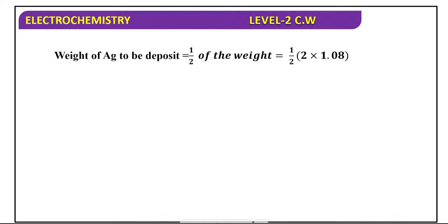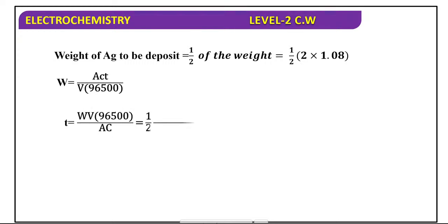Weight is current into time into equivalent weight, atomic weight over valency. Time comes out to be 160.83. Okay, great.